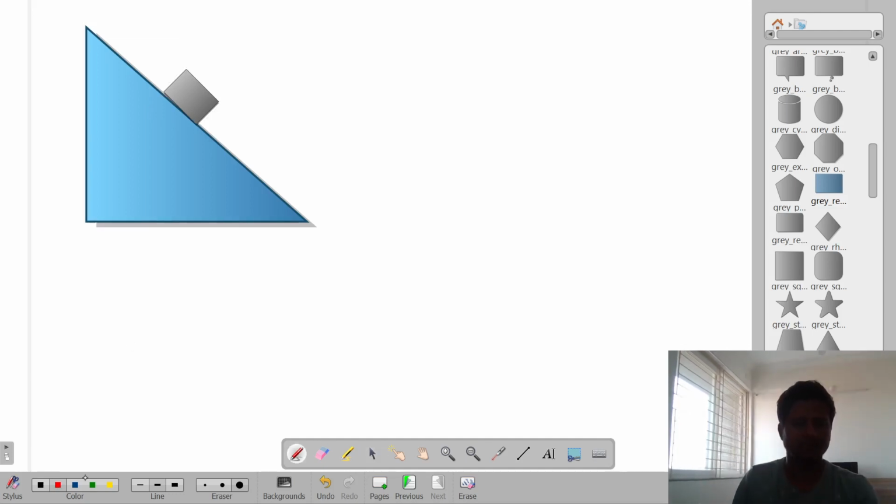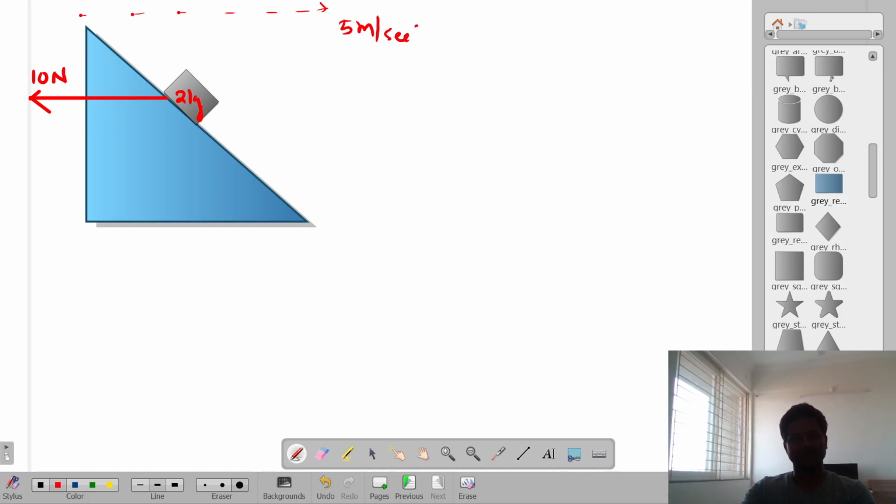Let's suppose it has mass m, or I gave it 2 kg, and the frame was accelerating. Due to the frame's acceleration, it feels 10 newtons, 5 twos are 10 newtons, towards this side, because the whole thing was accelerating with 5 meter per second square.